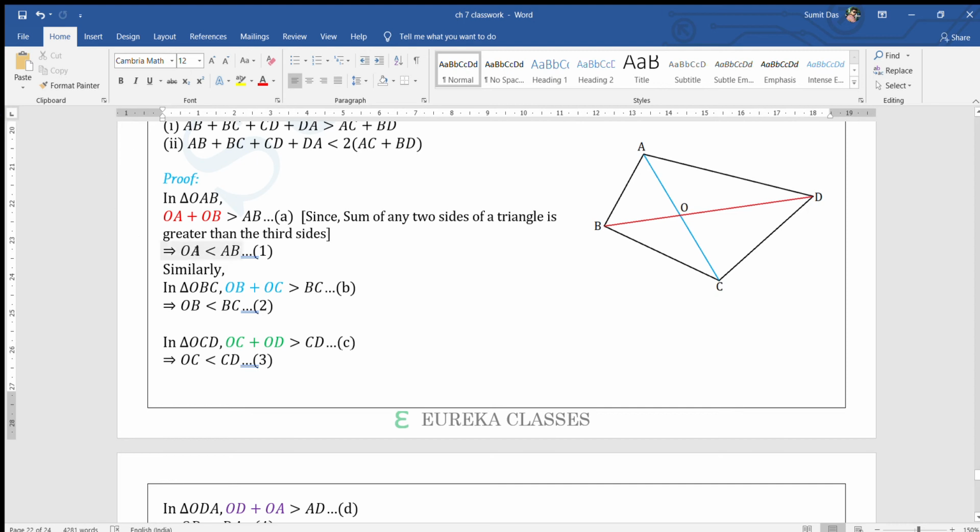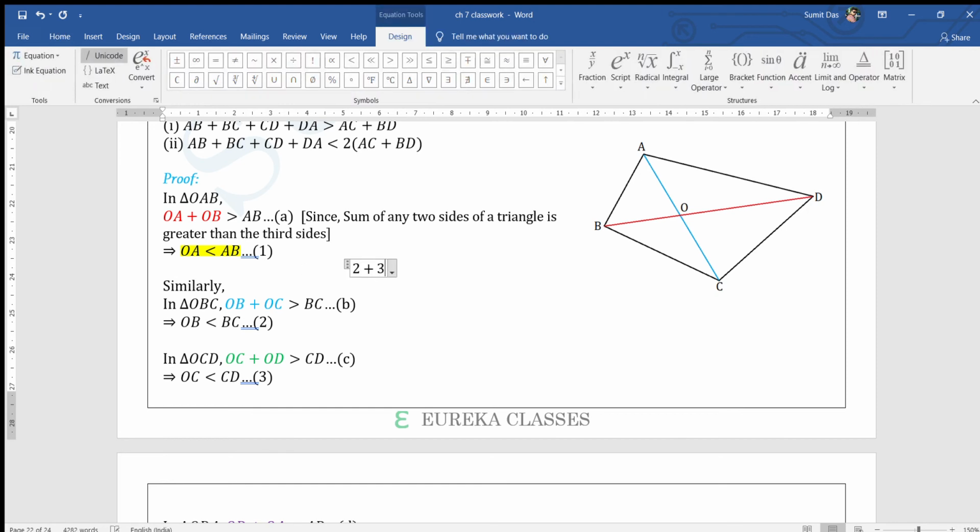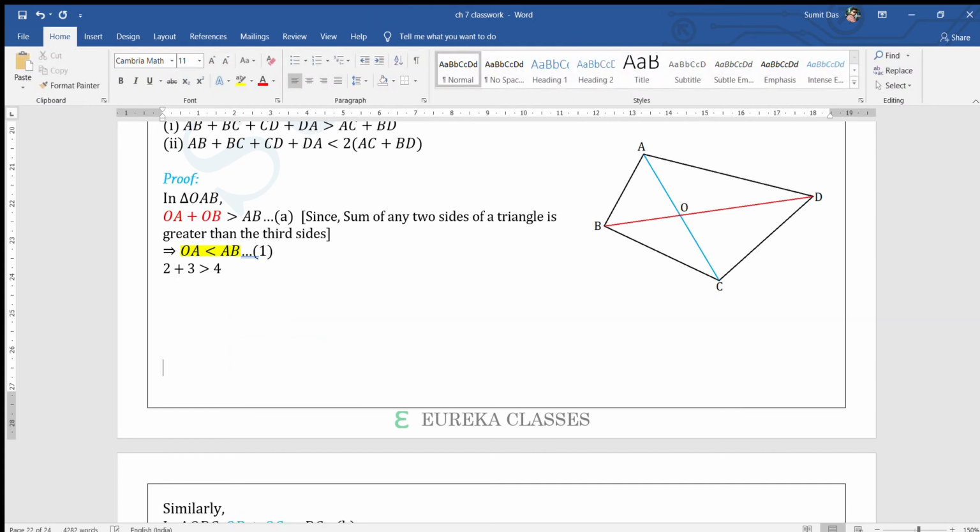Suppose 2 plus 3 is greater than 4, right? I'm writing OA plus OB greater than AB. After that, I wrote OA less than AB. So look, 2 is less than 4 and 3 is also less than 4. So each of the terms will be less than AB.